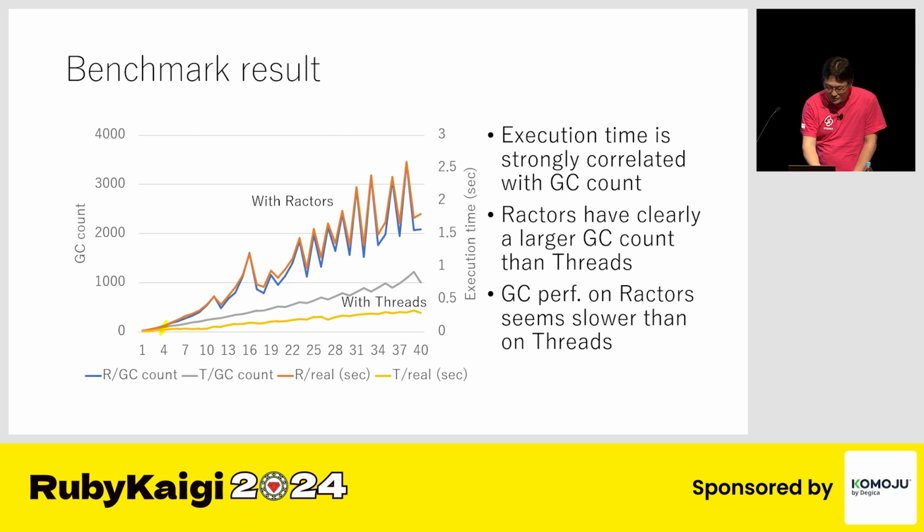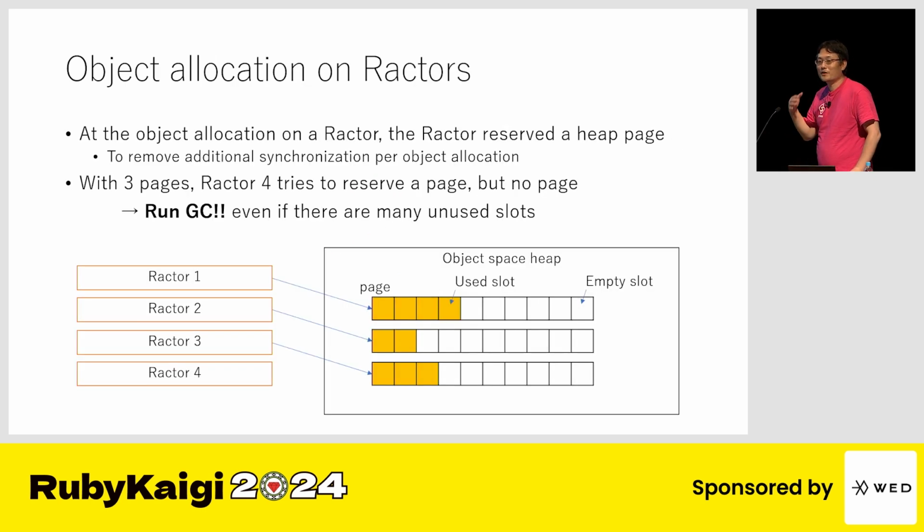With threads, the GC count is small, but with the Ractor system, it takes so many GC counts.